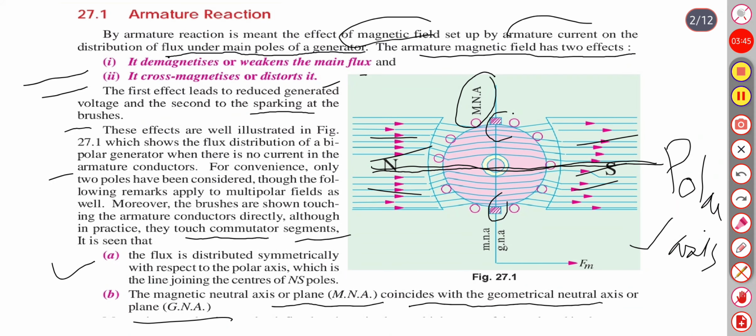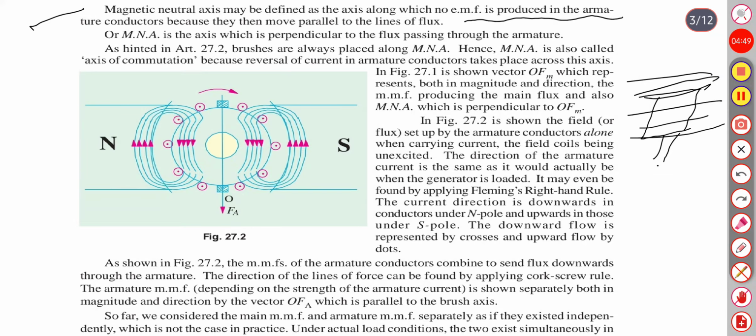Magnetic neutral axis MNA may be defined as the axis along which no EMF is produced in the armature conductor, because then they move parallel to the lines of flux. If these are the lines of flux and the conductor is parallel with these lines, there will be no flux linkage with the conductor.